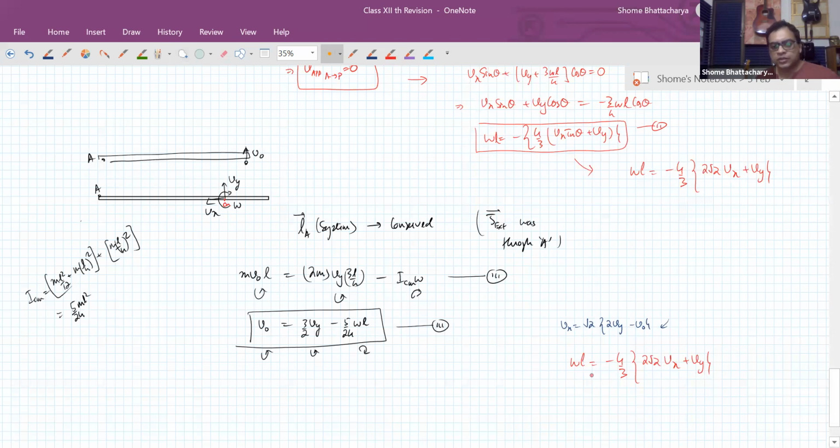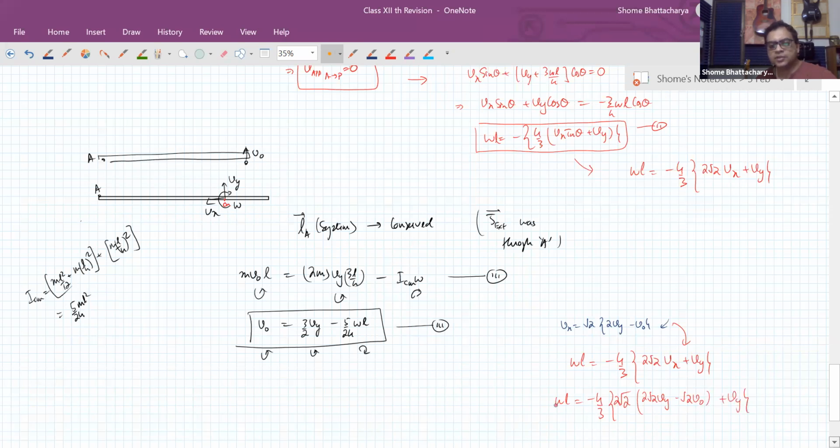Okay, so what we can do here is we can substitute Vx in terms of Vy here. So we will get omega L as minus 4 by 3 into 2 root 2 Vx. Now Vx is how much? It is 2 root 2 Vy minus root 2 V naught, plus Vy.